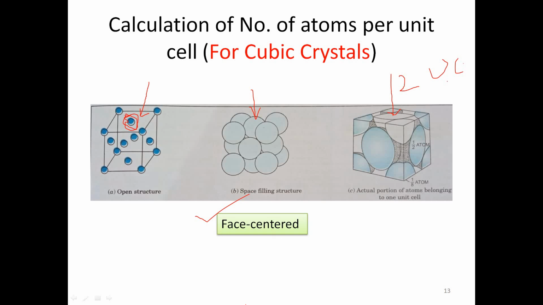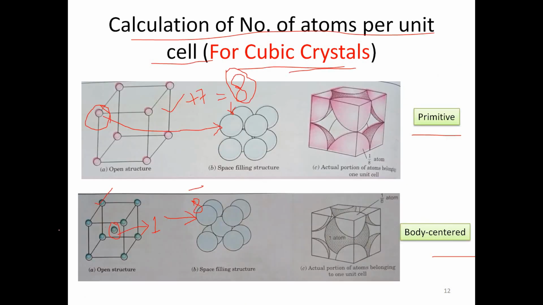Since one constituent particle at a corner is shared by a total of 8 unit cells, each will get 1/8 of the constituent particle.